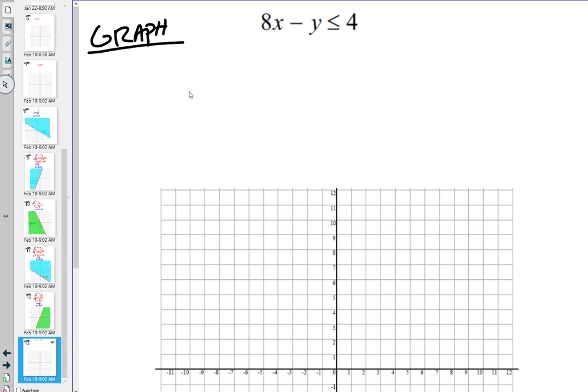Go ahead, Mohammed. What do you want to do first? Subtract the 8x. That sounds good. What's going to drop down on the left? Negative y, don't forget the negative.